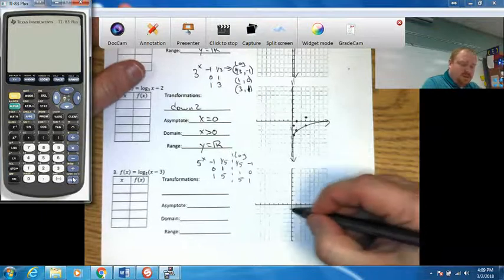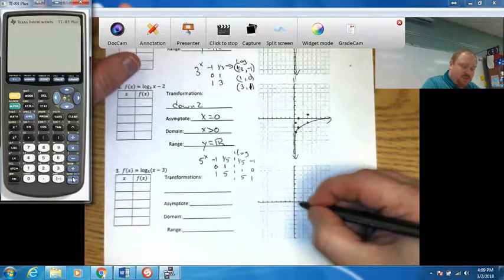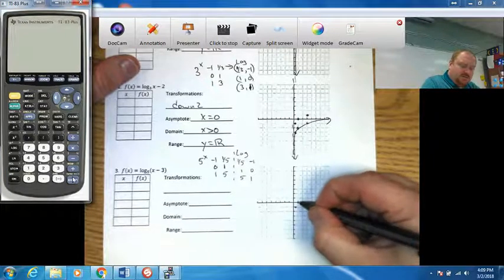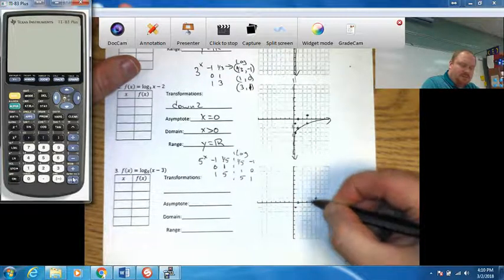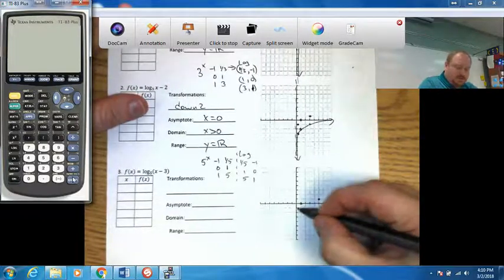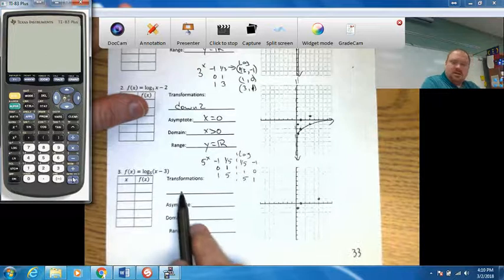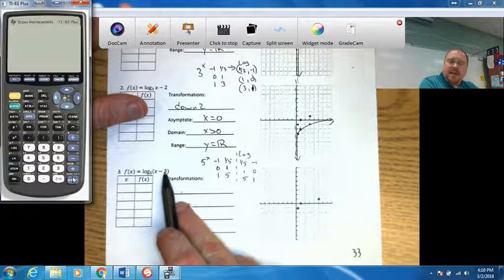So 1/5 is over just a little bit. It's somewhere in the middle. I'm not going to measure. And down 1. (1, 0). And 5: 1, 2, 3, 4, 5. Up 1. So those are my parent points. Now, I look up here at my equation, and it has minus 3 in with the x, and it's in parentheses.